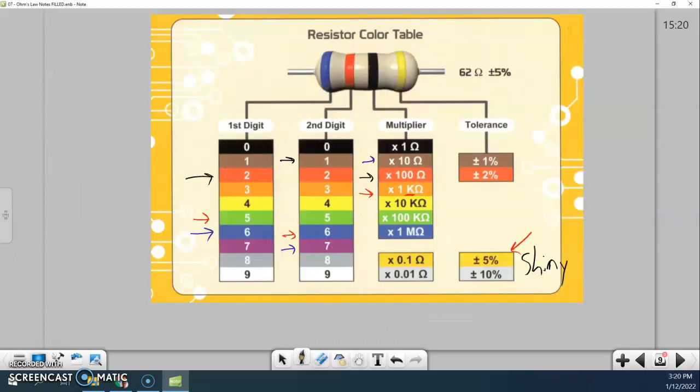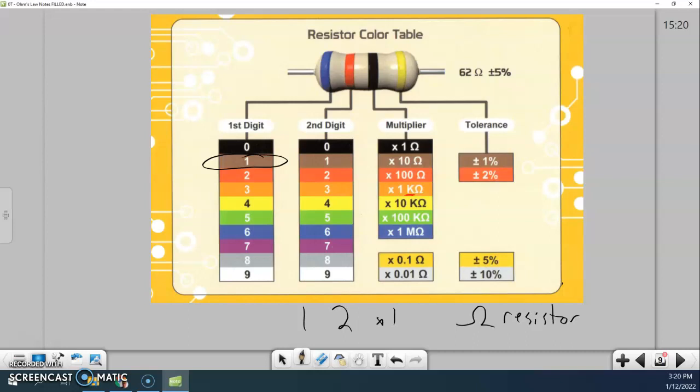So I need a 12 times 1 ohm resistor. What is that going to look like? Let me erase all this stuff for you. A 12 ohm resistor would be 1, 2, 12, times 1, and then probably a gold or a white.